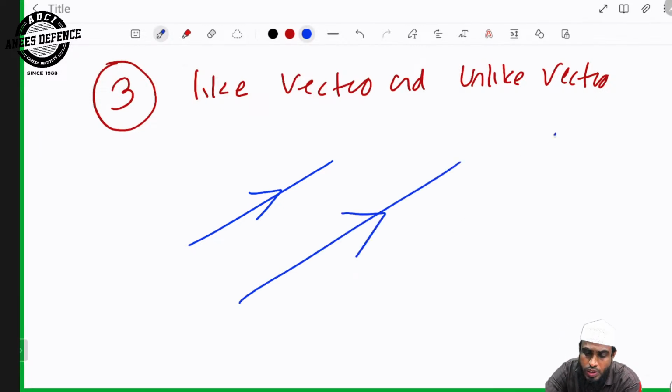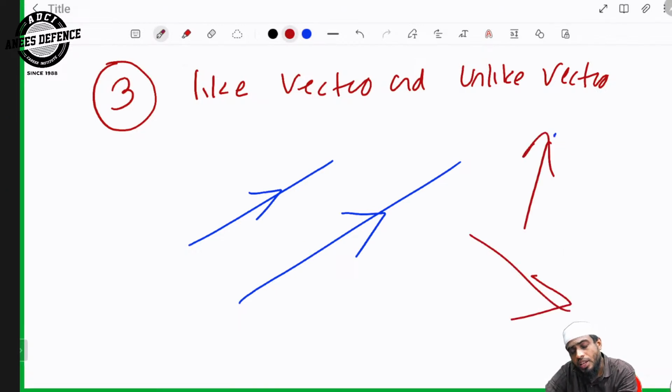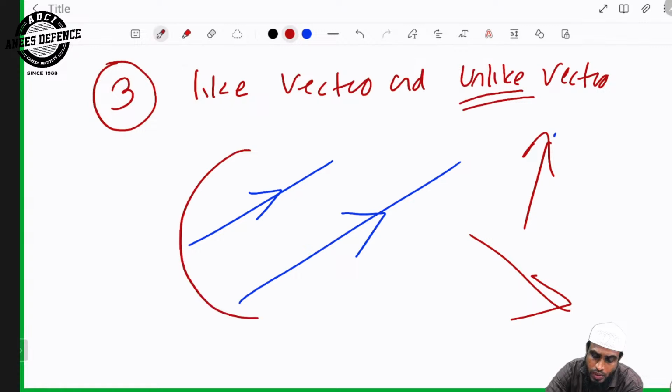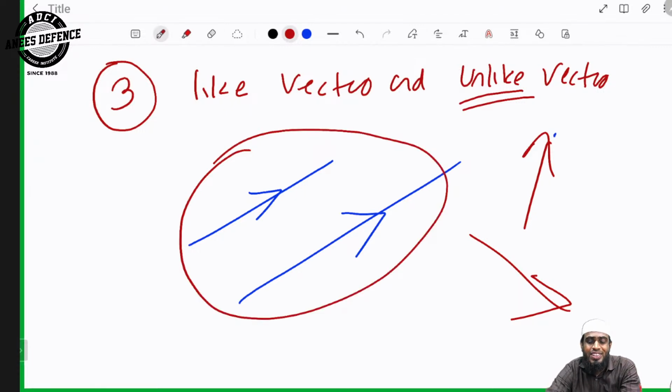If a vector is going in some direction and another vector is going in some other direction, the direction is different. We can call them unlike vectors. Like vectors are parallel also. Both have the same direction. Magnitude may be different, but the direction is the same. If that is not the case, those vectors belong to the category of unlike vectors.